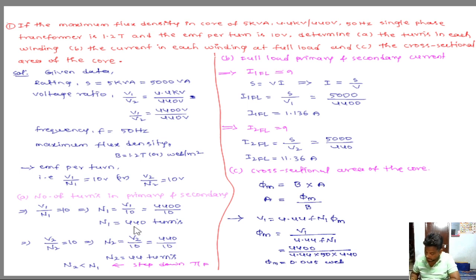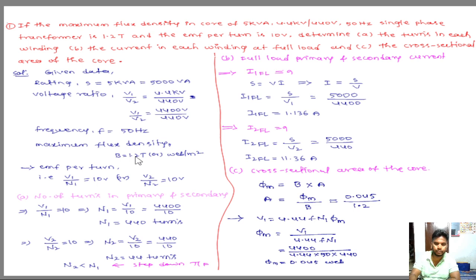Then we calculate the area of cross section. Substituting the phi m value, 0.045 divided by the maximum flux density given, which is 1.2.